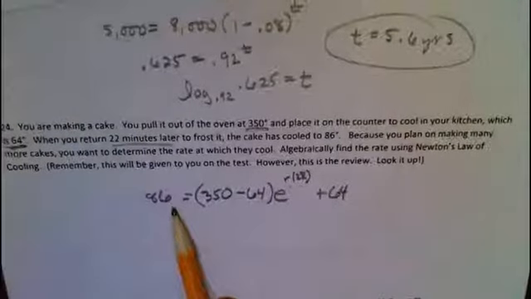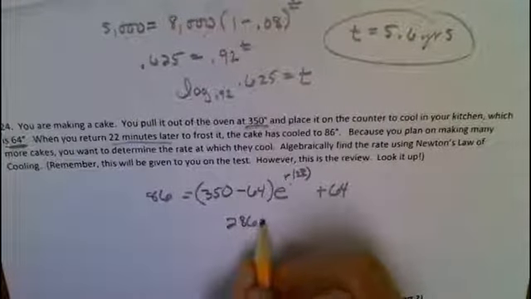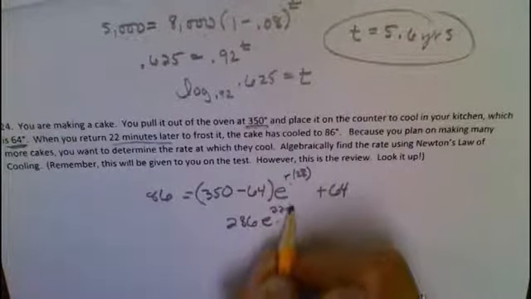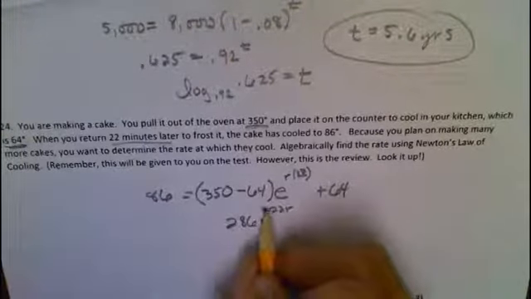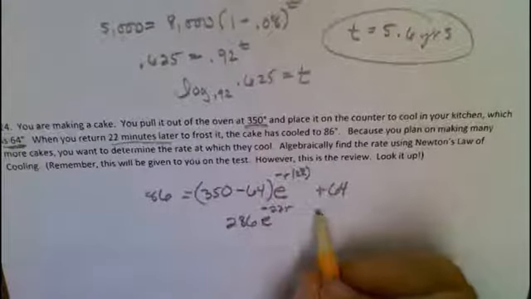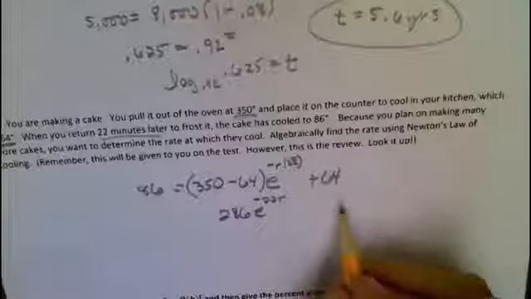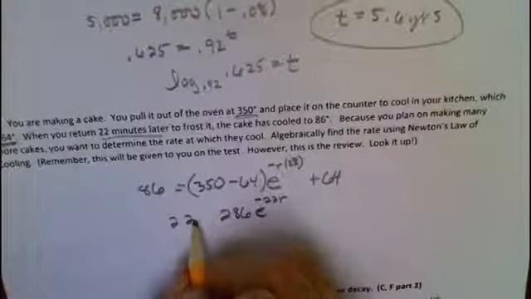All right, to solve that, I need to figure out what is 350 minus 64. That's 286 e to the 22r. And actually it says negative there. If you look at your formula, it's negative RT, so I'll put that as a negative. I need to subtract 64 on each side, so 86 minus 64, when I subtract on both sides, is 22.